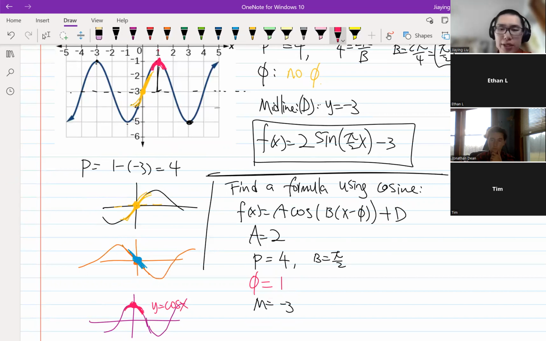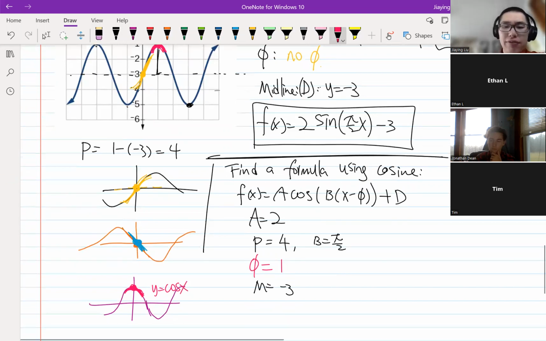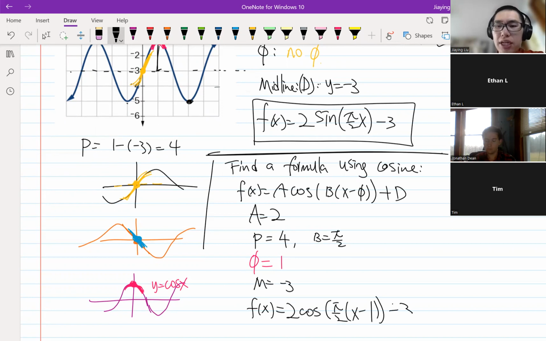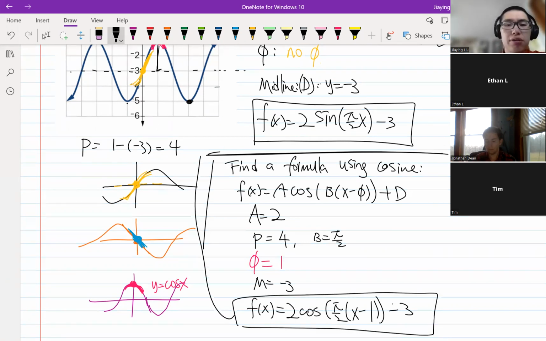And if I want to write down the correct formula at the very end, that's going to be f of x equals a, which is 2, cosine, b is pi over 2, x minus phi, which is 1 unit to the right, plus d, which is -3. This is also a valid function for this graph, just like the one with the sine.